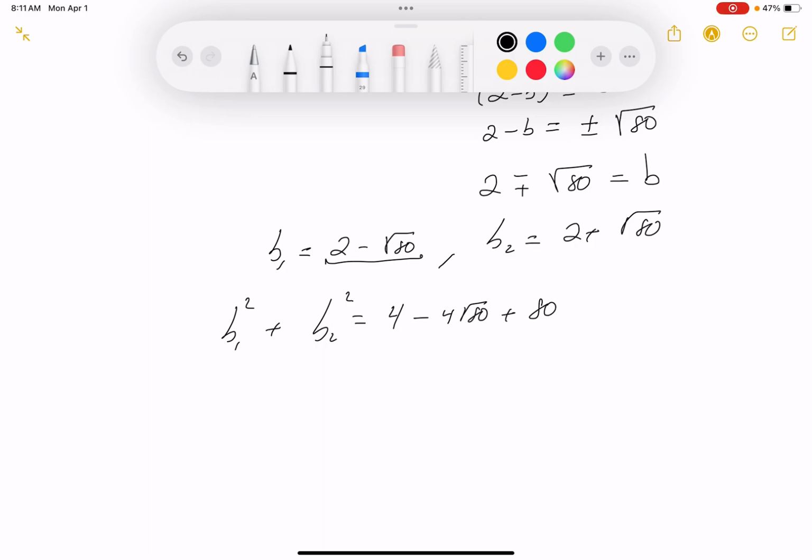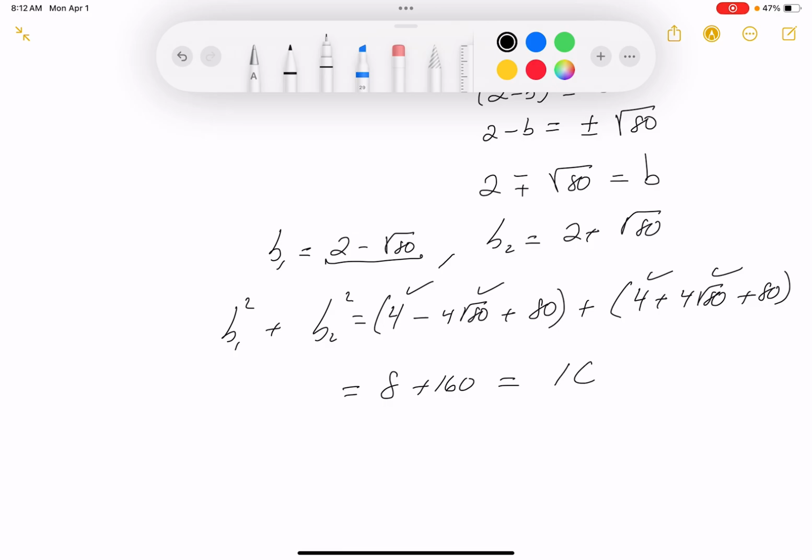Let's do the next one, plus 4 plus 4 root 80 plus 80. That's not so bad. You get 4 plus 4, which is 8. These things disappear. And 80 and 80 is 160. So what do you get? 168. And that's the final answer, by the way.